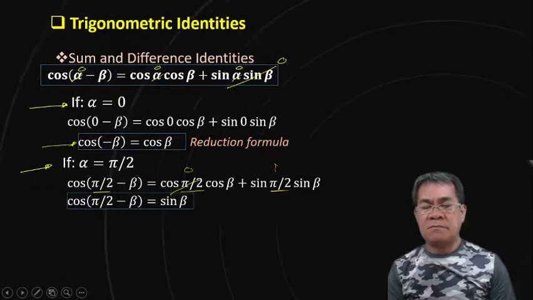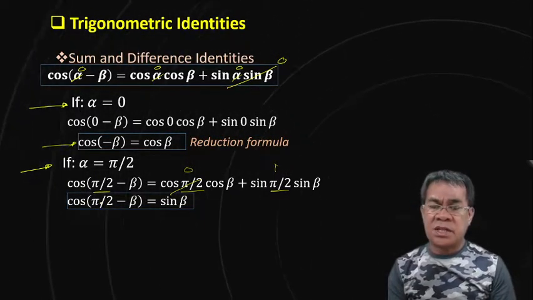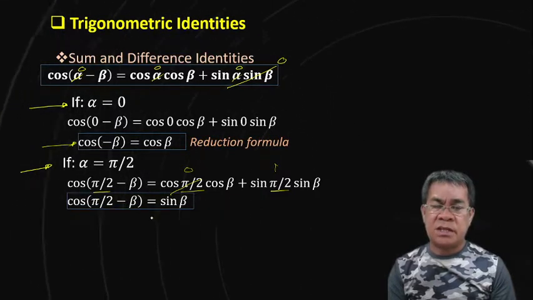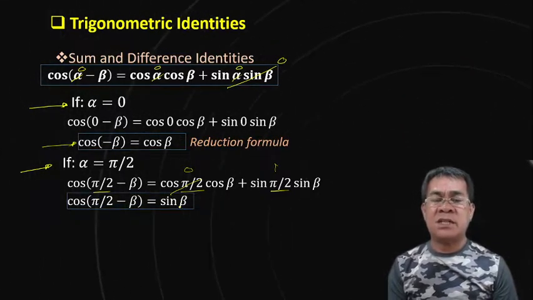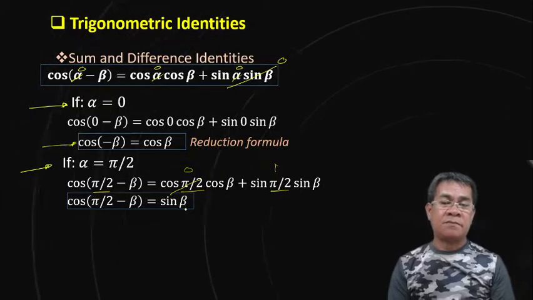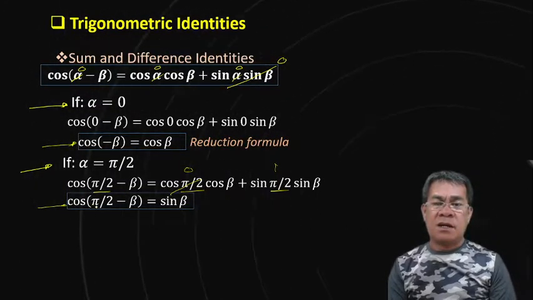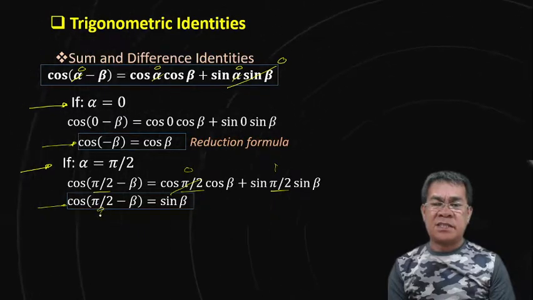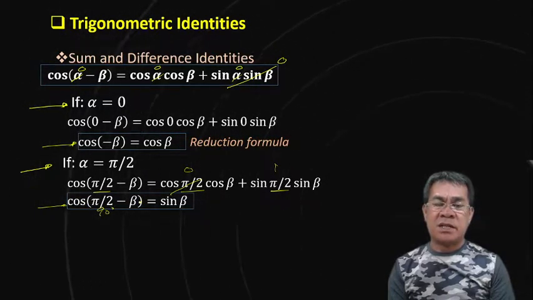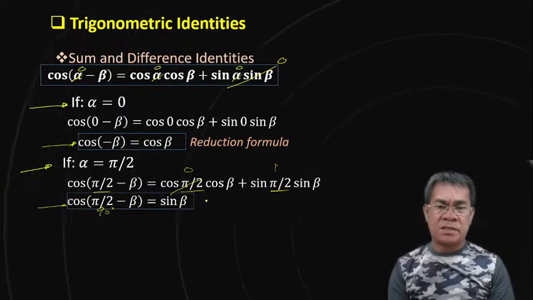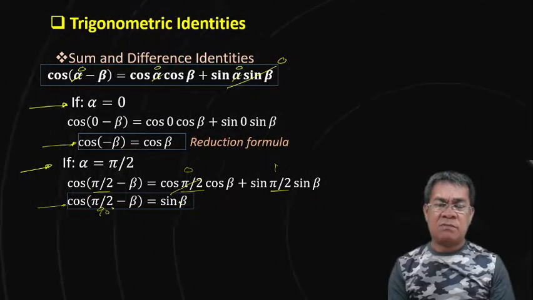Which means that if we have the cosine of pi over 2 minus beta, it's just the same as the what? Sine beta. So notice this one, this is 90 degrees. So if you have cosine of 90 minus beta, it's simply the sine of beta.